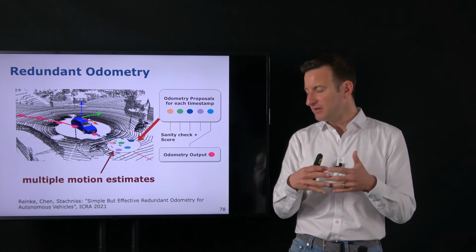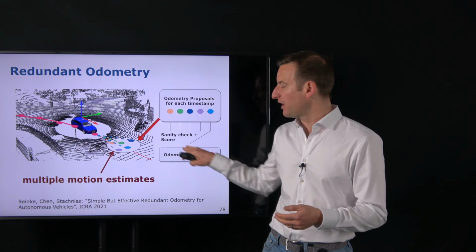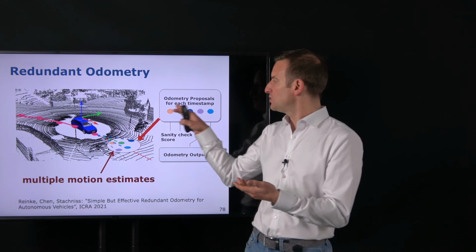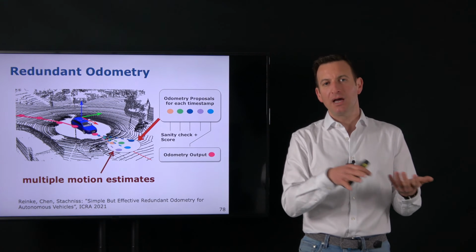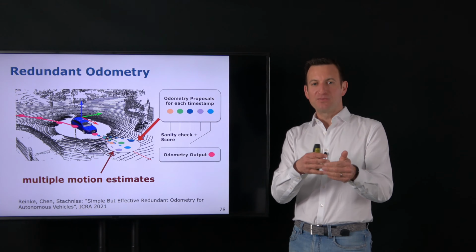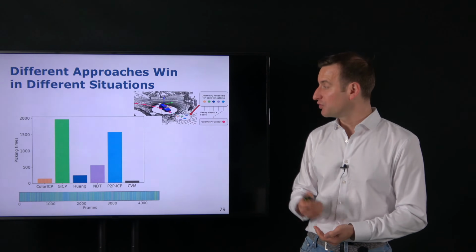And you can basically join up multiple estimation techniques and then do some, let's say, sanity checks, something you know about your vehicle, for example, to exploit to see which of those proposals are likely to be wrong and which are more likely to be correct, and then select a proper registration or odometry in every step in order to come up with a robust motion estimate.